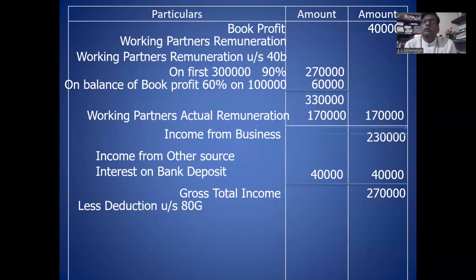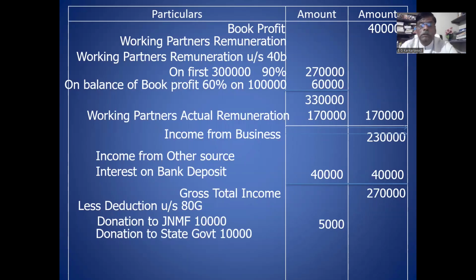State government is first, second is Jawaharlal Nehru. Donation to Jawaharlal Memorial Fund is 10,000. 10,000 is 100% qualified, but the deduction is only 50%. So out of 10,000, 5,000 is allowable.